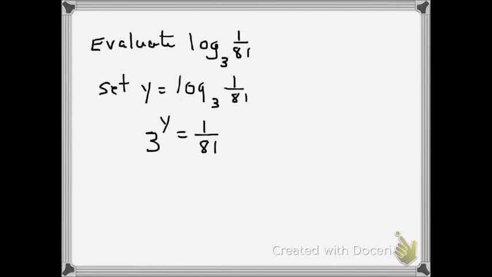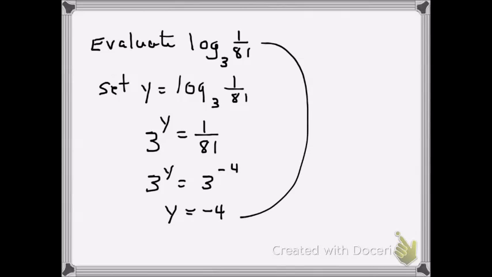Well, we can change the right side to an exponential expression with a base 3. 3 to the y is equal to 3 to the negative 4. Well, now we have the same base on both sides, so set the exponents equal to each other. And we have the value of our expression. It's equal to negative 4.